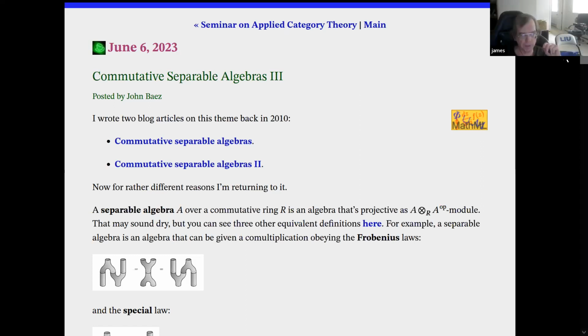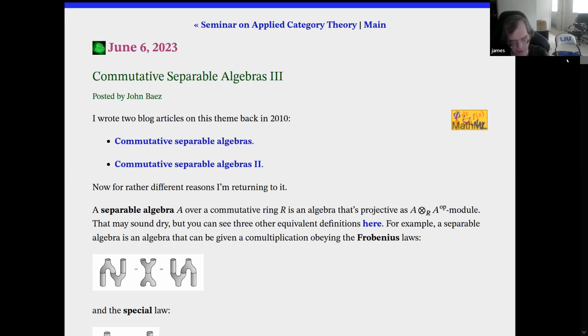So the Brauer group in the super general way is you look at monoids, bimodules, and bimodule homomorphisms. And that's a monoidal bicategory.